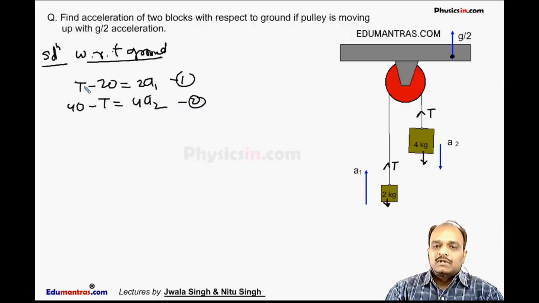If we see the unknowns, there are three unknowns: T, A1 and A2. So one more equation is needed. For the other equation we can see the constraint. The distance traveled by this block A is A1.